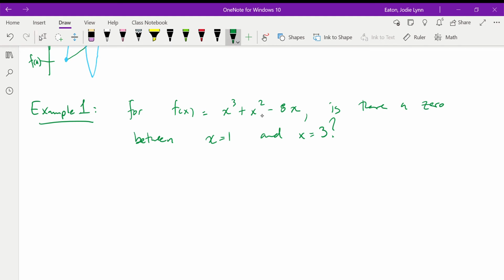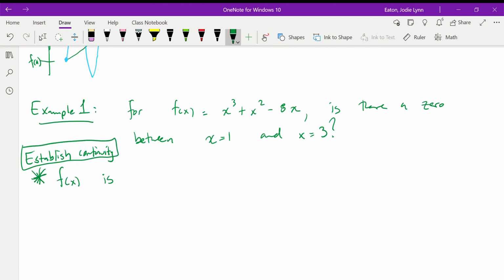So f of x, remember from the last lesson, is continuous, and this is super important, and we call this establishing continuity, and this is the first thing you have to do before you're allowed to use the intermediate value theorem. Establish continuity. And if it's an interval, you can establish continuity on the interval, but if it's continuous everywhere, you don't even need to say that it's continuous on the interval.